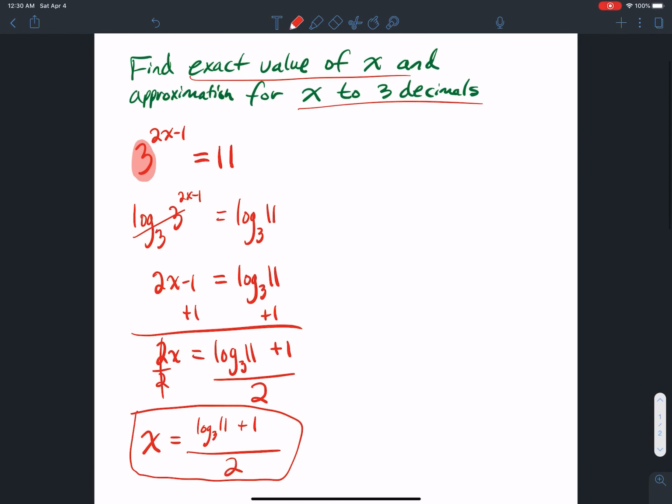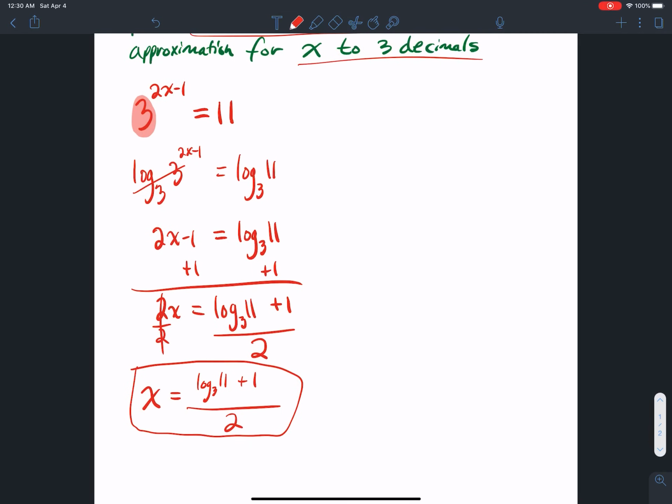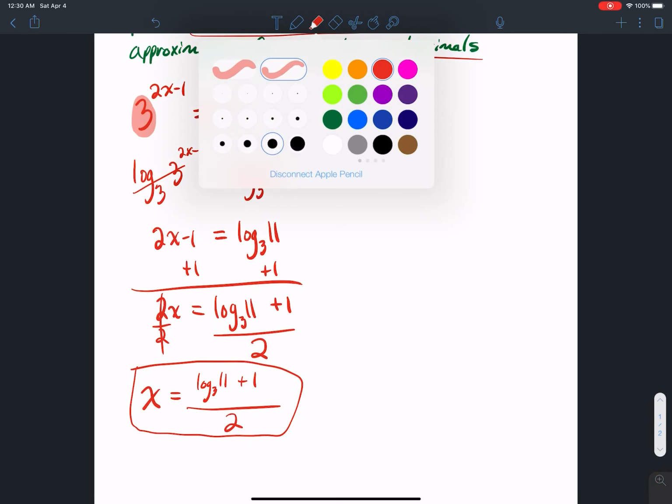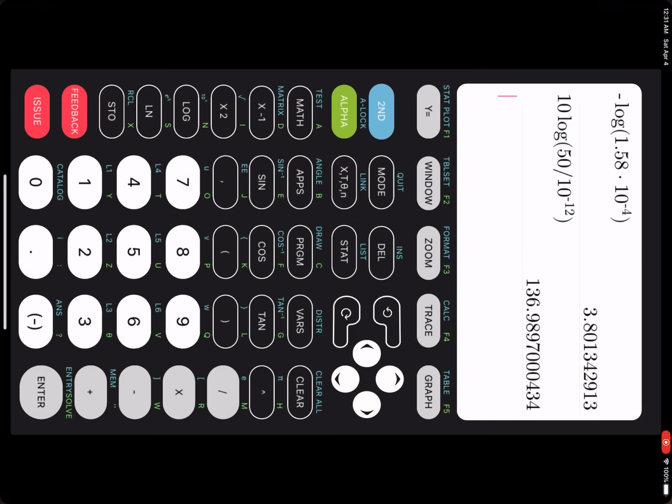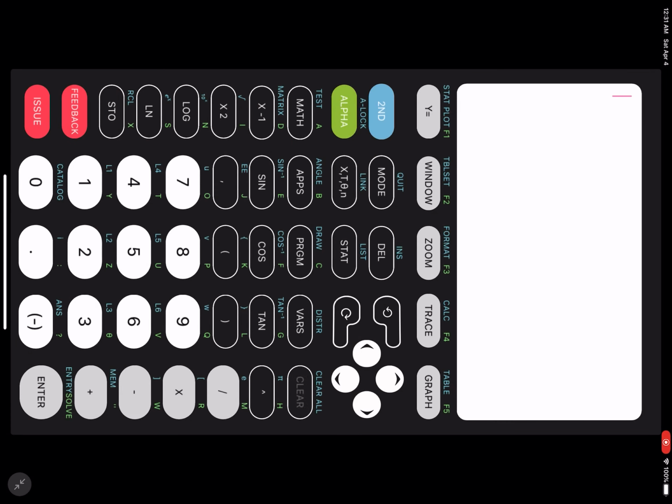Now to get to 3 decimals, I need to use my calculator, but I have to use the change of base formula for this piece right here. Okay, change of base formula, this would be log of 11 divided by log of 3. So let's go figure out what that is. Log 11 divided by log 3, all right?